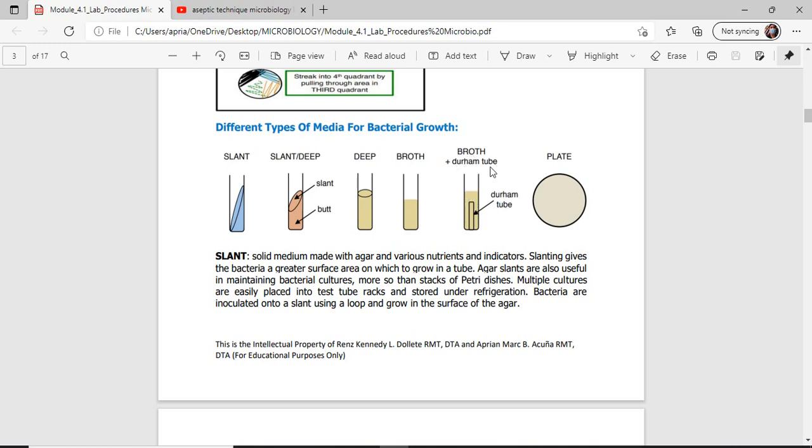Remember, the Durham tube is to know if the bacteria being cultured there will produce gas, or bubble formation.